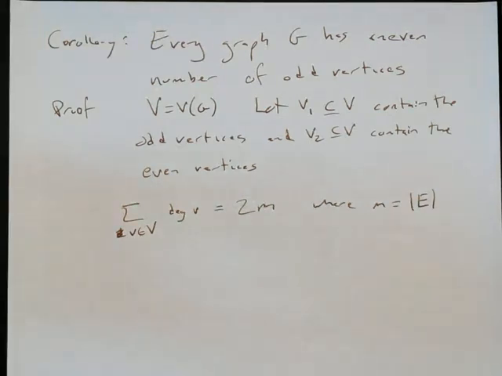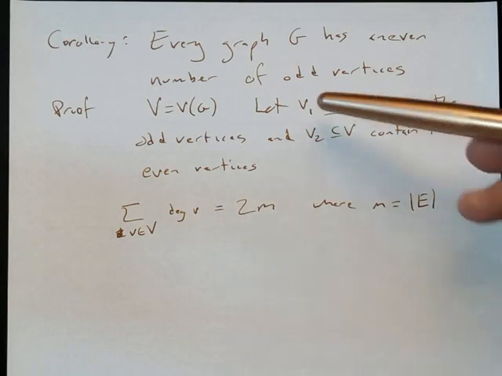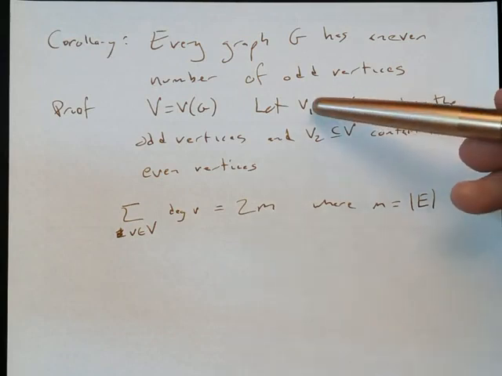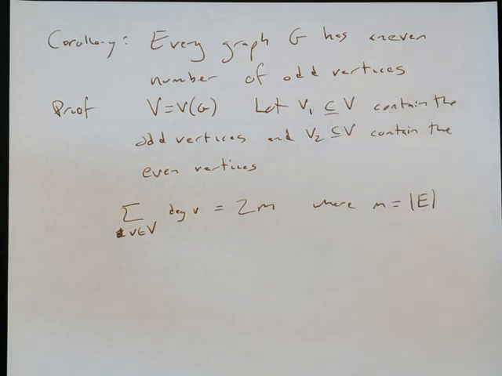How do I prove from here that this set has an even number of things in it? I'm going to count degrees. That's all I'm going to count. Let's look at this sum here on the left.